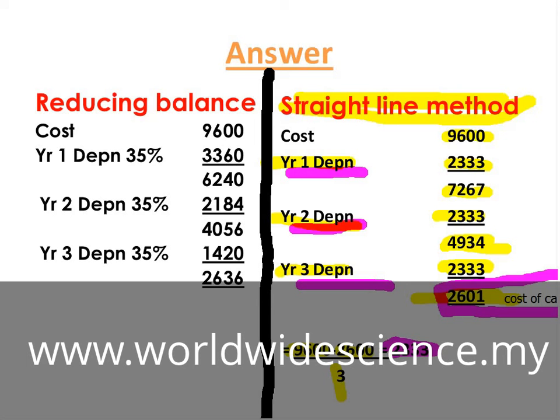Of course, before, I didn't show you for each year how we must calculate for straight line. But it is like this. It looks like a reducing method, but the amount of depreciation remains the same. You see, 2,333 for year number 1, for year number 2 the same, and for year number 3 the same, 2,333 US dollars, right?